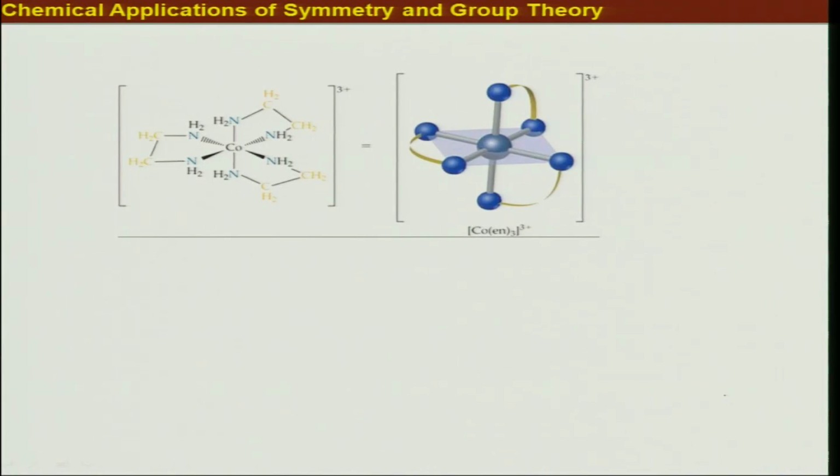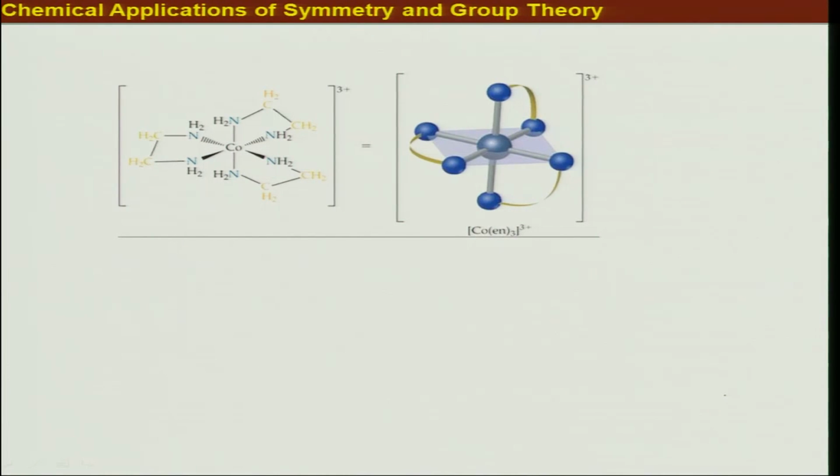Let's get started with one such molecule. This probably will be my last molecule that we will be discussing, and the rest you should practice yourself. The molecule you can see on your screen is Co(en)3.